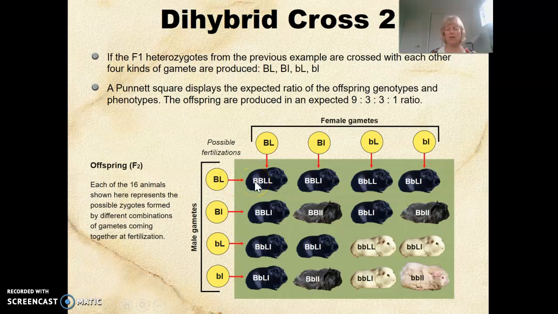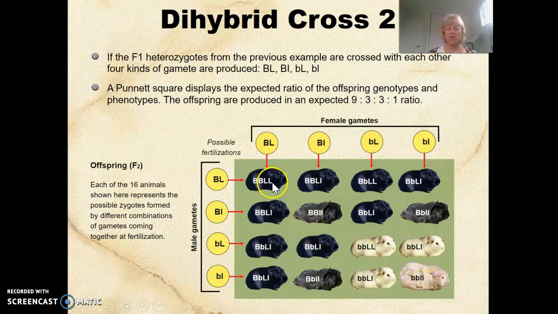So they all carry a capital B, and they're either homozygous or heterozygous, but it doesn't matter as long as they carry one, because this is complete dominance. As soon as they carry at least one big B, they will show the black phenotype, whereas all of the white ones are homozygous recessive for hair color, and therefore they are white.